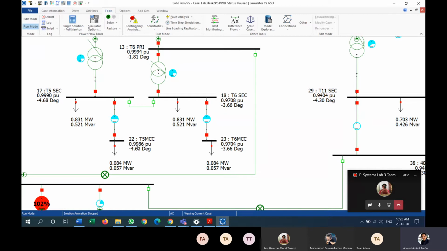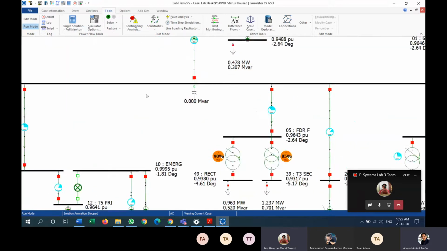Any questions for anyone? Sir, just to confirm, just now you said that the difference between task 1 and task 2 is that the generator in task 1 is connected and in task 2 it is not connected, right?